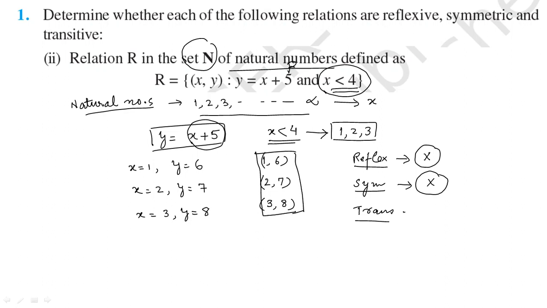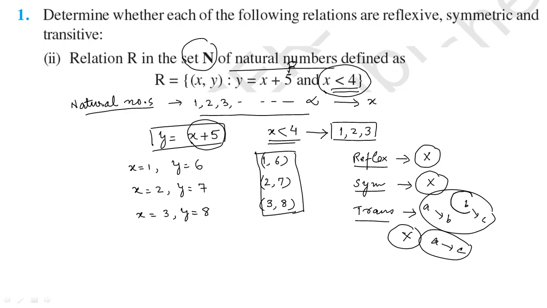What about transitive nature? If I insert 1, meaning (A, B), (B, C) and (A, C), this relation is required. While inserting A, the answer should be B. If I insert B, answer is C. It means while inserting A, answer should be equal to C. Again, this condition is not satisfied because points are not there. (1, 6) and next time I have to insert 6 inside the statement, but this one is not possible.